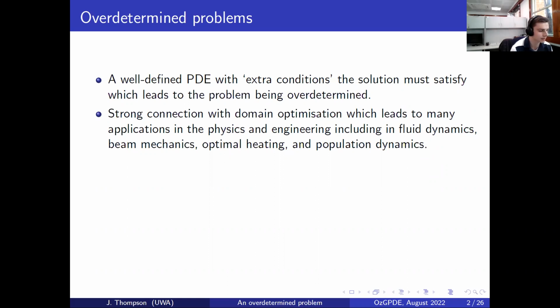The actual classical example, which I'm going to go through in a moment, arises in fluid dynamics, but these kinds of problems have applications in beam mechanics, in optimal heating, and in population dynamics, just to name a few.